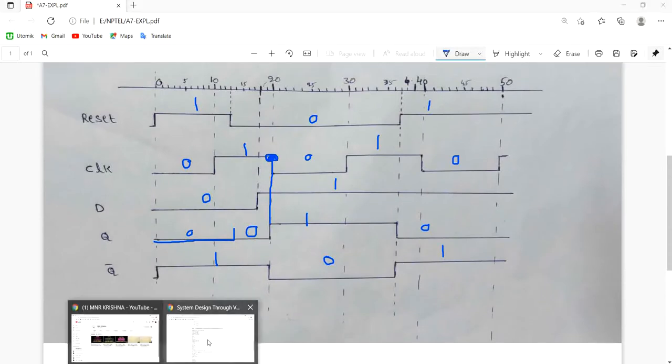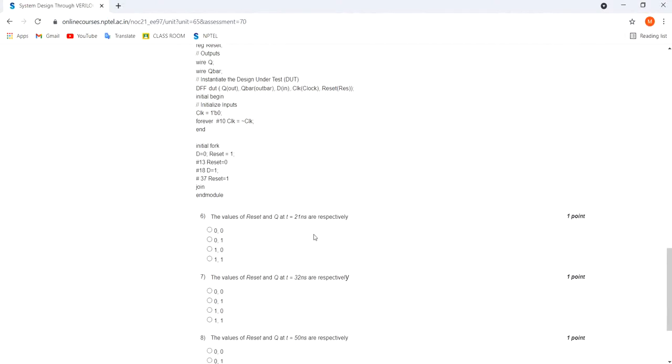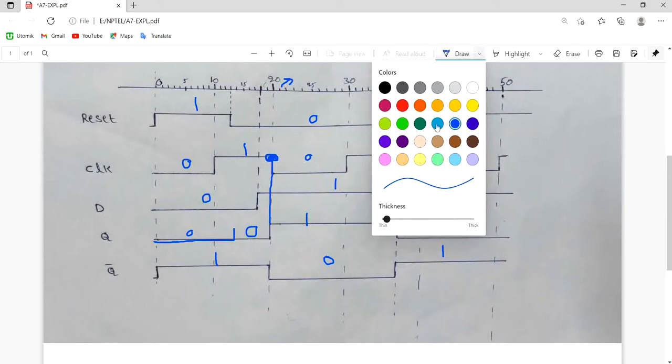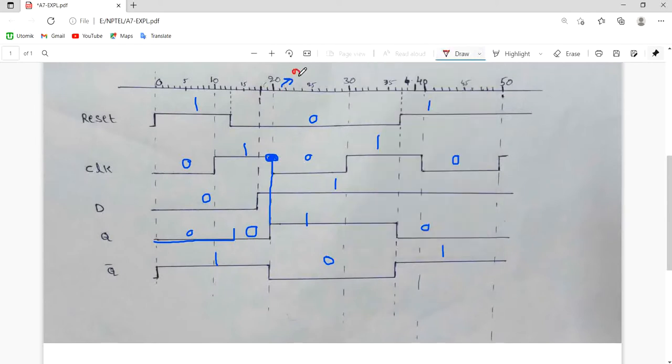Then the first question is the values of reset and Q at t equals 21 nanoseconds. At t equals 21 nanoseconds, we have to find reset and Q. Here it is 21.